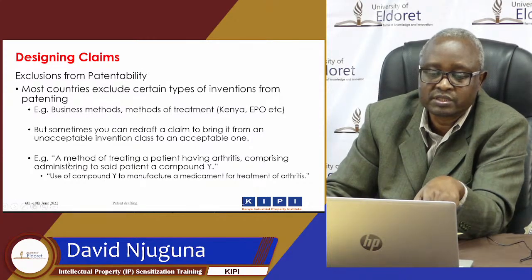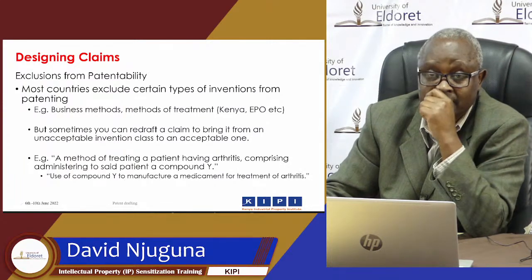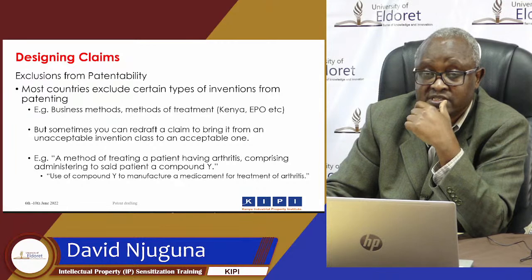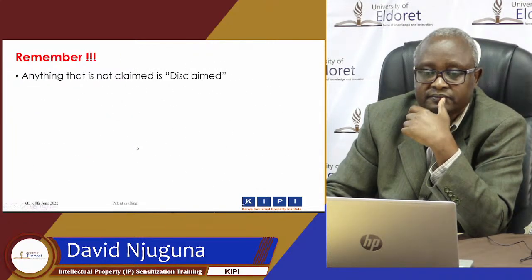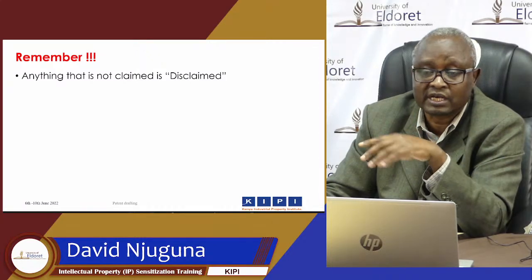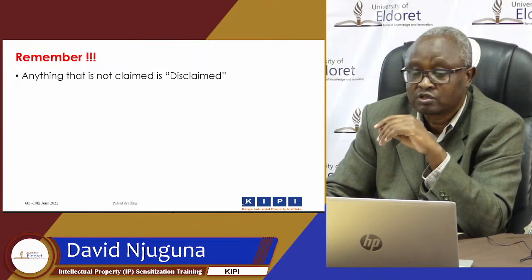But with the use of compound X to manufacture, you are targeting the manufacturer, not the doctor or the pharmacist. So it brings a different scenario. Remember, anything that is not claimed is disclaimed. It is not protected.